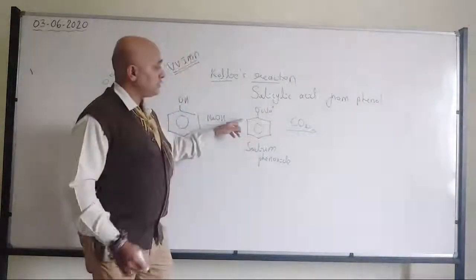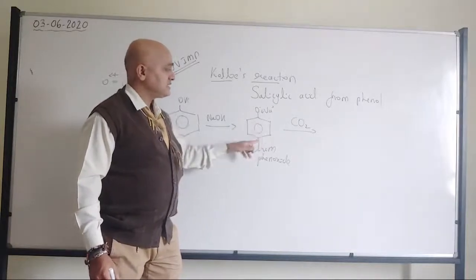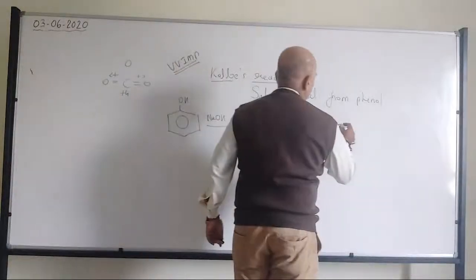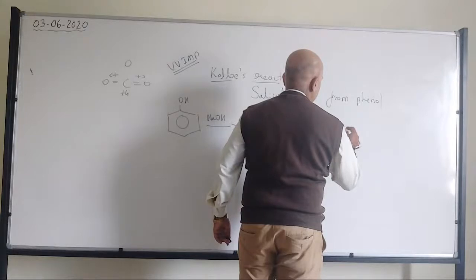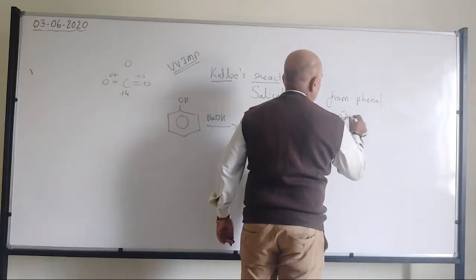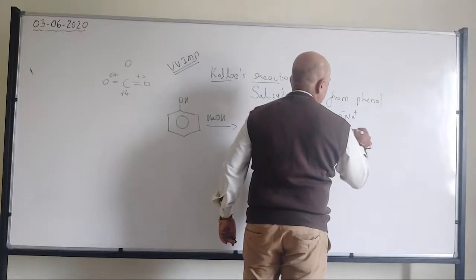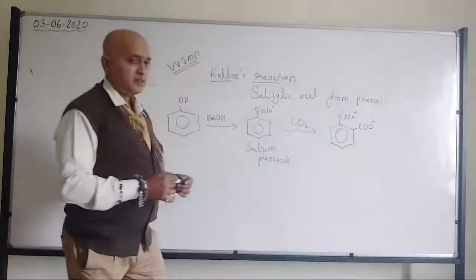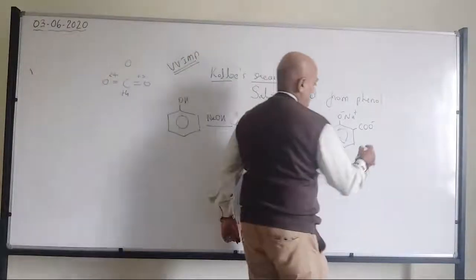And due to the sodium phenoxide, already electron density has been increased at this position. Right? Now it is going to attack the ortho position, which is very near to the phenoxide. Since it is close to the oxide ion, it will go and attack that particular position. Right? So that's where we have got the intermediate.